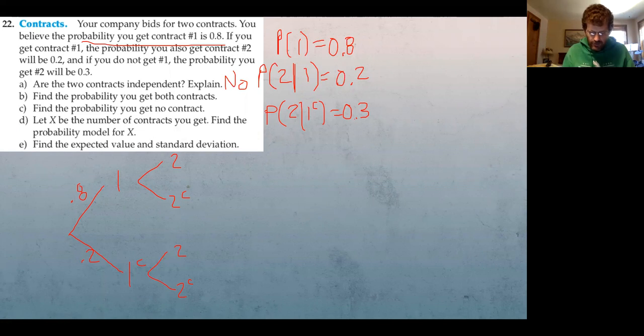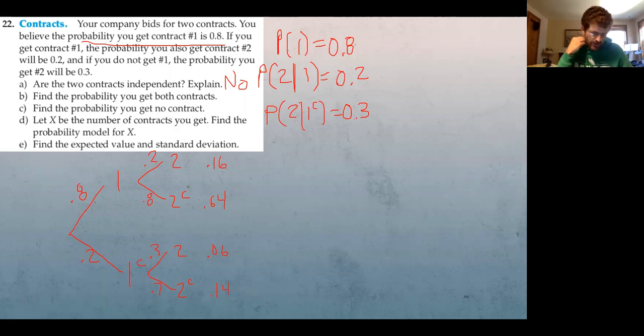Let's see, this is 0.2 right here, which means this is 0.8. This is 0.3, which means that's 0.7. All right, so now we can figure out all the probabilities going on here. I'm just gonna do it real quick. 0.16, 0.64, 0.06, and 0.14. And remember, if you do this right, these two right here should add up to your 0.8.